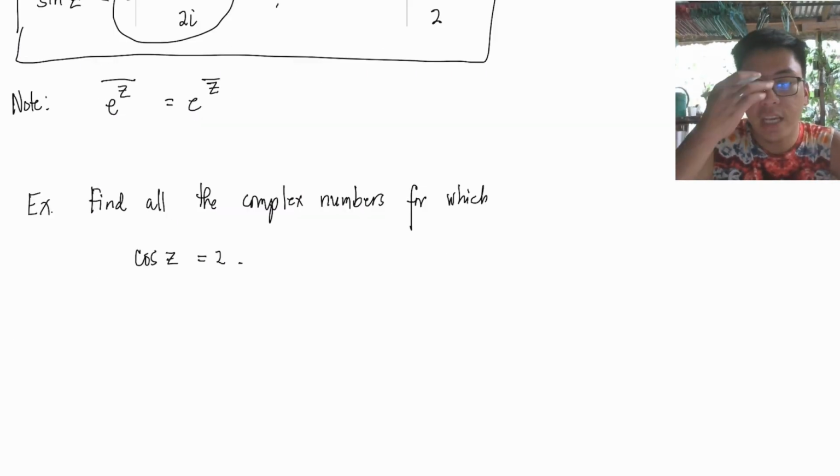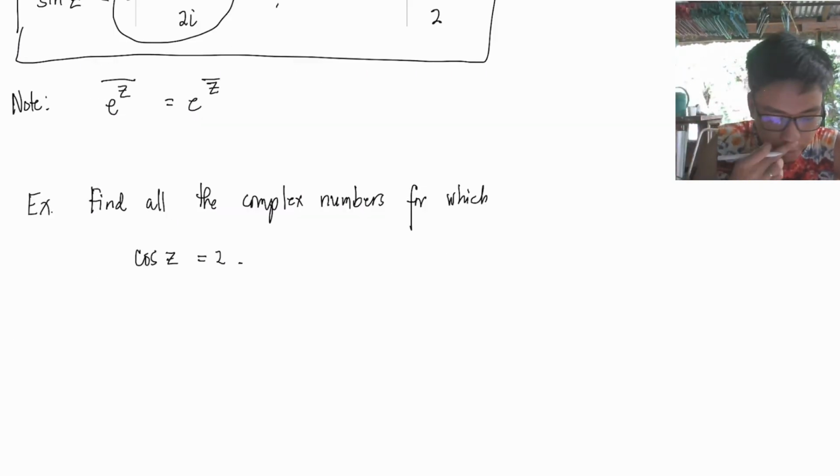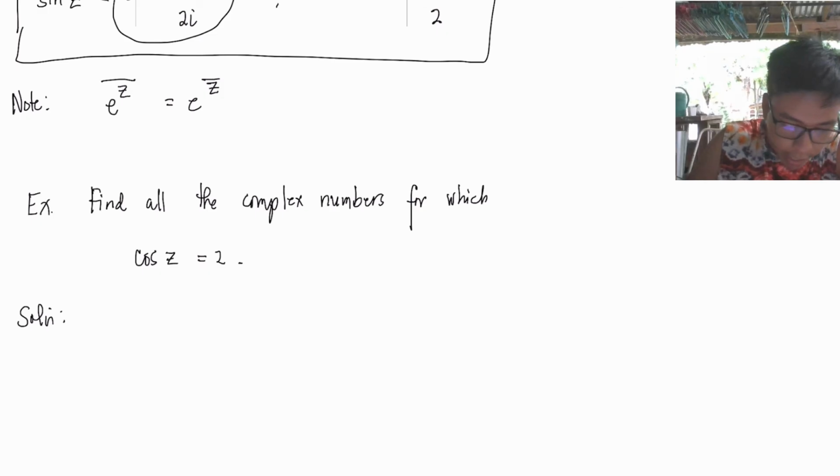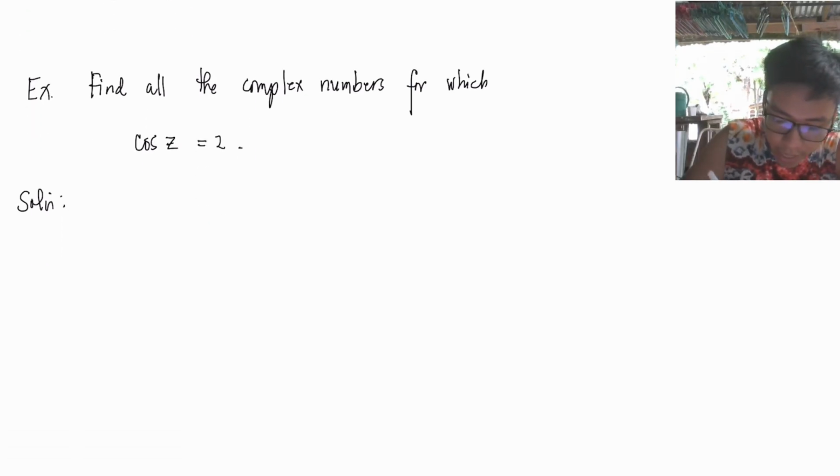Okay, so let's solve this example here. Find all the complex numbers for which cosine of z equals 2. Remember that cosine of z, I can write as e to the iz plus e to the negative iz over 2. That's equal to 2.